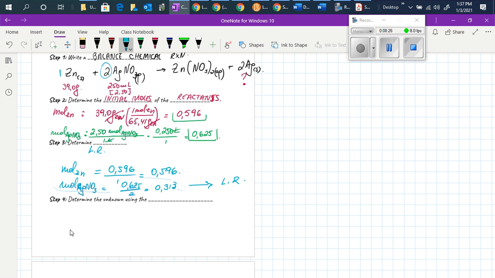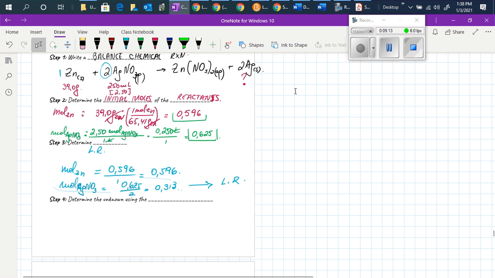And now, using stoichiometry, we will determine how much precipitate is formed, with silver nitrate as the limiting reactant. This means that silver nitrate is used up in the reaction before zinc.